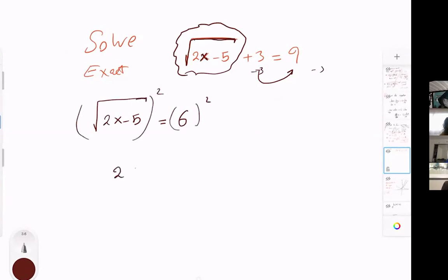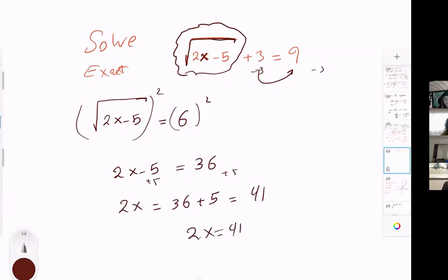I get 2x minus 5 equal to 36. Then 2x equal to 36 plus 5, I add 5 to both sides. I get 41. Then 2x equal to 41, x equal to 41 over 2. So you have to leave it like this. If you put 20.5, that's not correct. Leave it as a fraction.